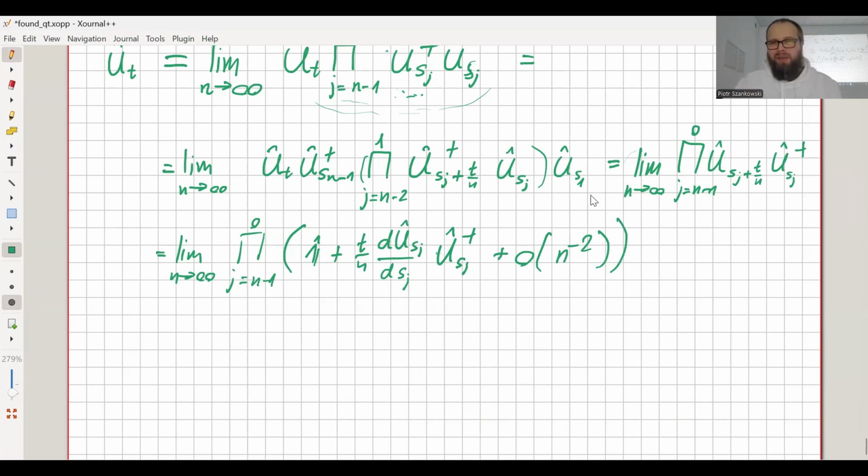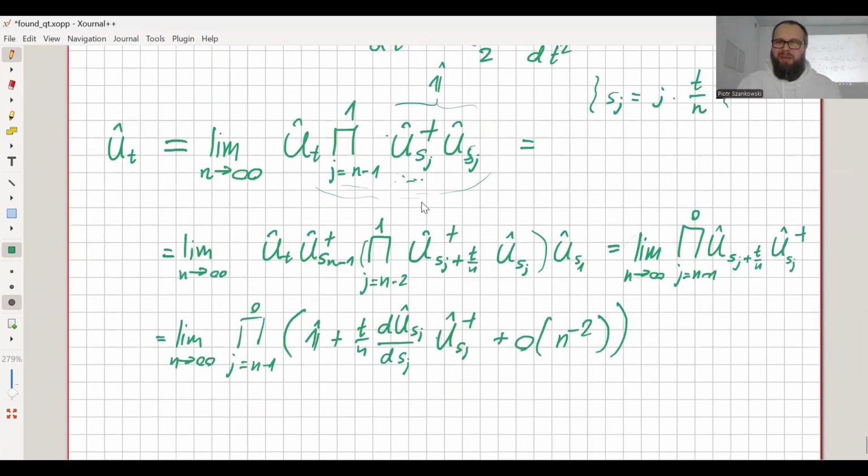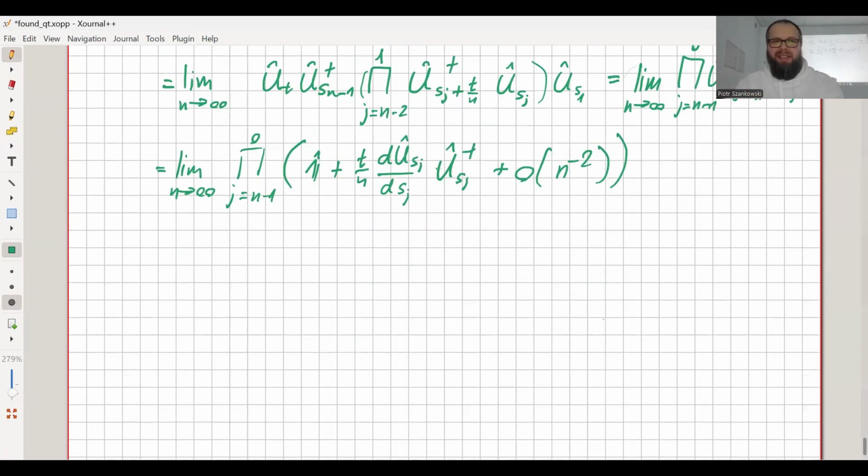I expanded this in a Taylor series and calculated the product with the next factor. The first element is U(s_j) times U(s_j) dagger, which gives identity. The next term is the derivative times the time increment, t over n, times U(s_j) dagger, and so on.